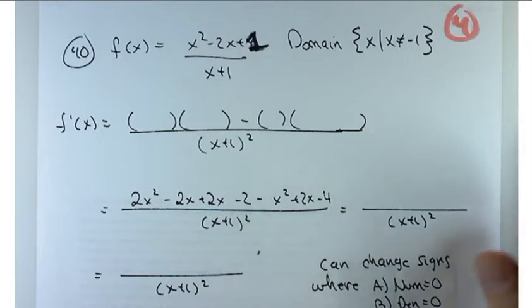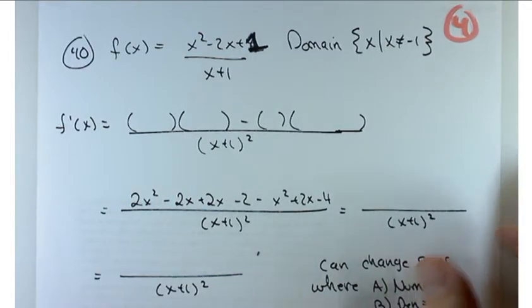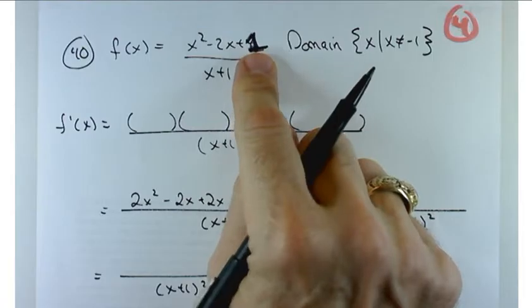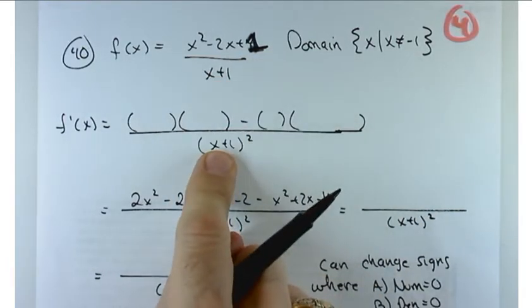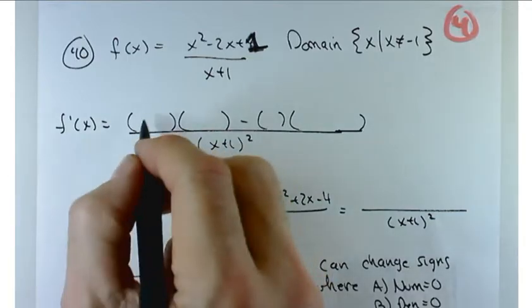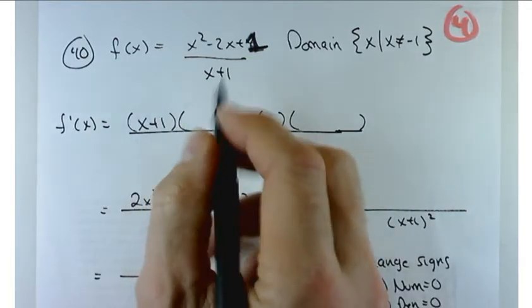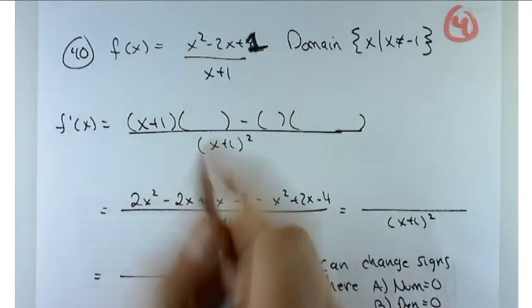40-ish. Well, let's do this one together then. It does work out if we had the right number. When we differentiate a quotient, you start with the square of the denominator, and then the denominator times the derivative of the numerator. Derivative of the numerator is going to be 2x minus 2.